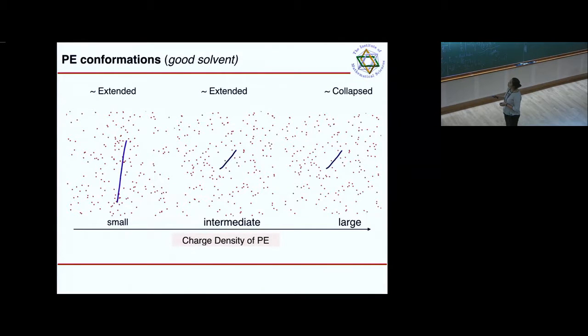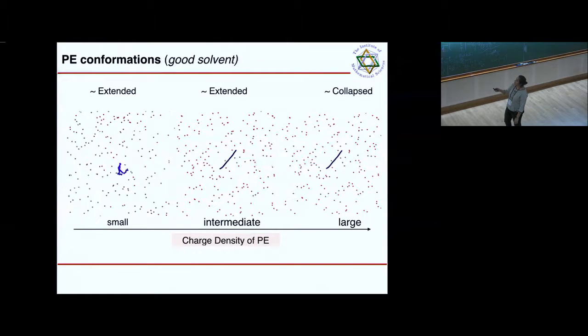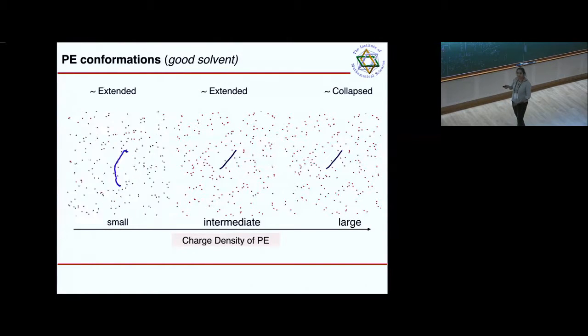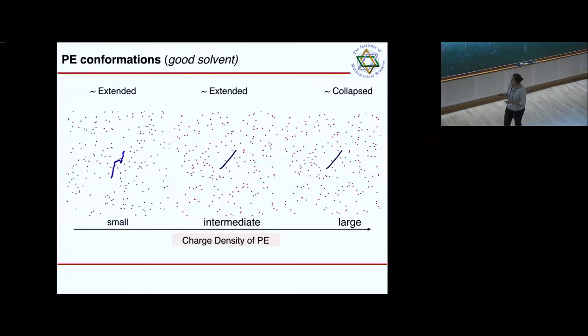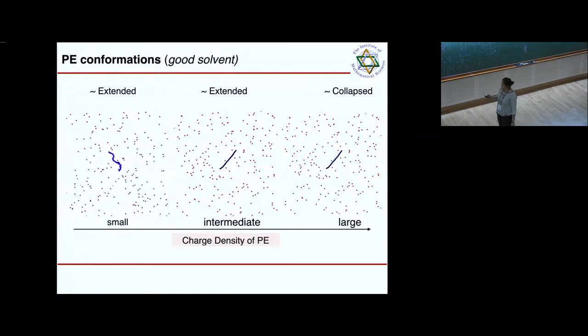So coming back to the conformations, as I said, the conformations that these charged polymers take are different from neutral polymers. For example, this is a charged polymer in good solvent. The beads are not the solvent. These are the counter ions. The solvent molecules are not shown. At very small charge density, which means it's basically acting like a neutral polymer, this is in an extended conformation.